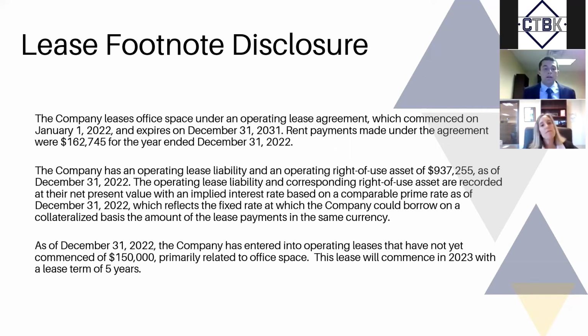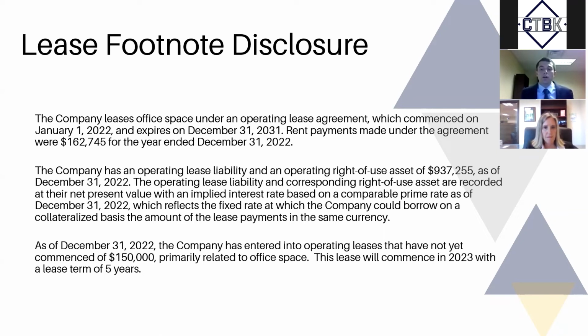And presented here is an example of disclosures in narrative form, which would be included in a separate lease footnote to the financial statements, which includes the nature of the lease, the commencement and expiration date of the arrangement, in addition to the annual rental payments made under the agreement.